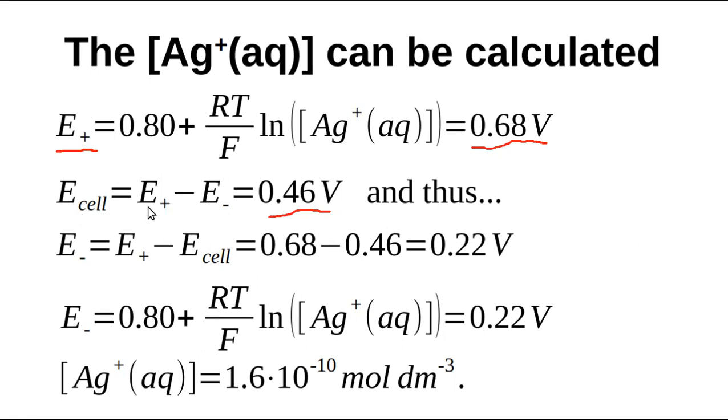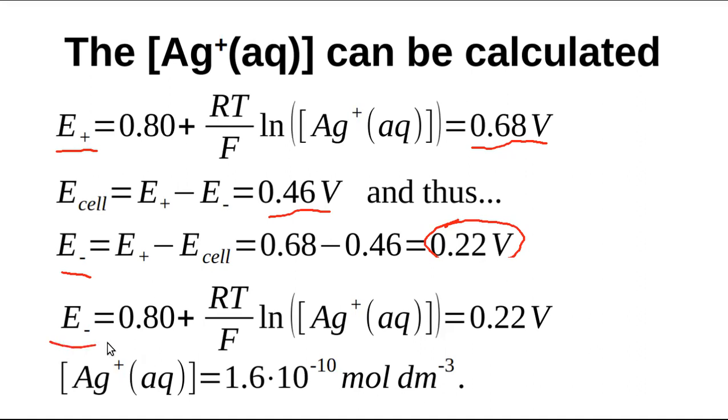That is the difference between the positive and negative pole. Since we measure the difference 0.46, and we know one of the endpoints, simultaneously we know that since we had minus to the beaker with the silver chloride, that must be below 0.68. So then we can construct the potential of the negative pole, 0.22 volts.